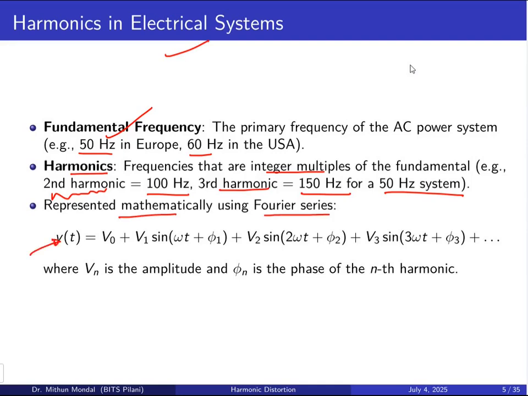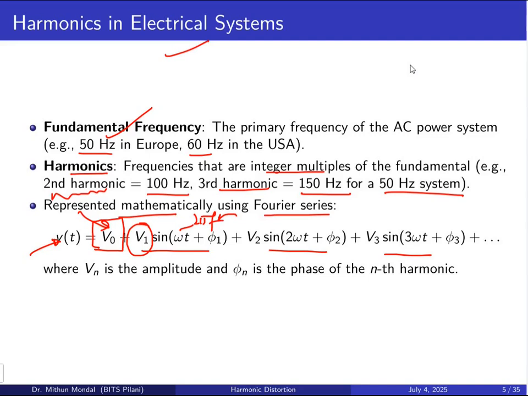So the voltage, which is a function of time t, can have the fundamental component, and then we can have the summation of the other components. V0 is the DC component. V1 is the fundamental component, which has the frequency omega, where omega is equal to 2 pi f, and f is the fundamental frequency.